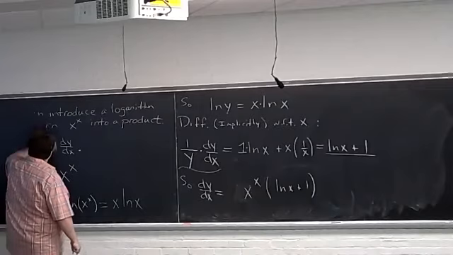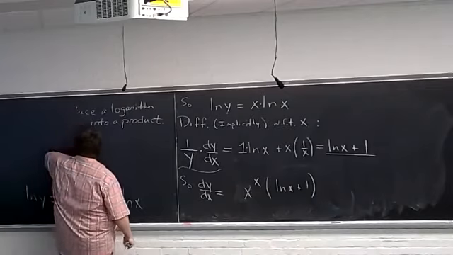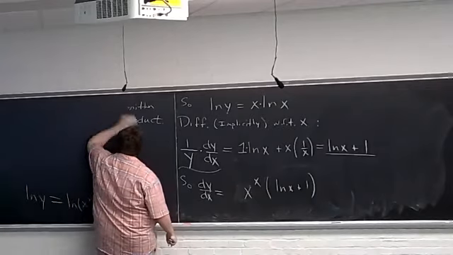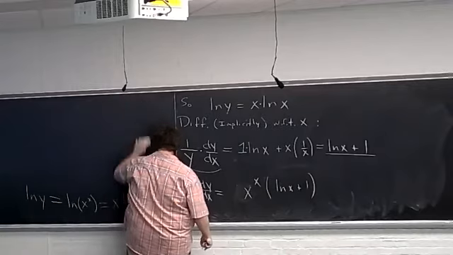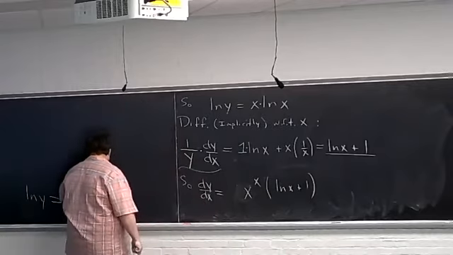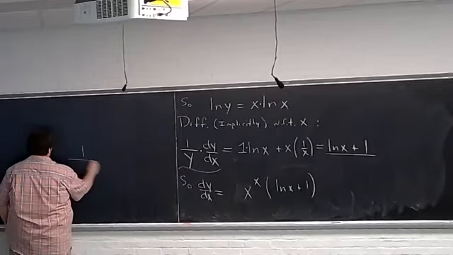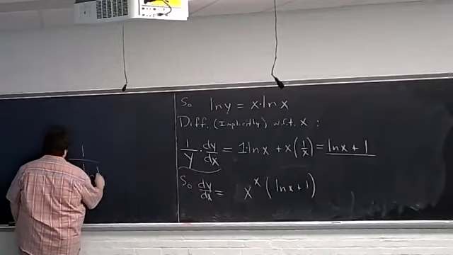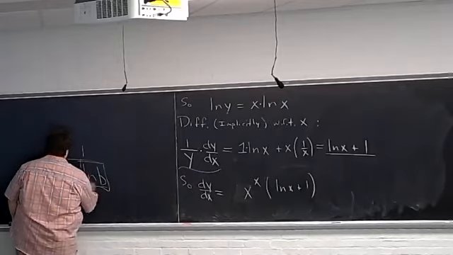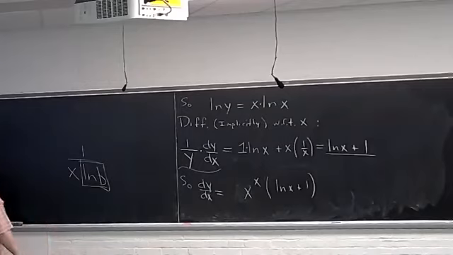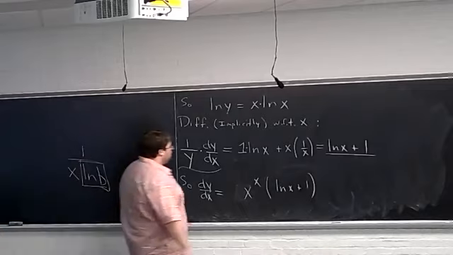Now you may be wondering, we use a natural log here. Would other logarithms work? Yes, they would work, but the derivative of a general logarithm, remember, is 1 over x times that constant. So in our computation, that constant's going to show up all over the place, and it's eventually going to cancel out.